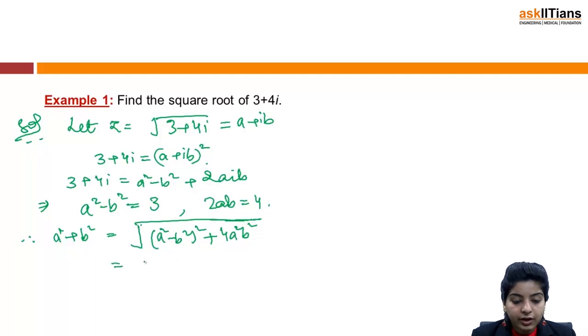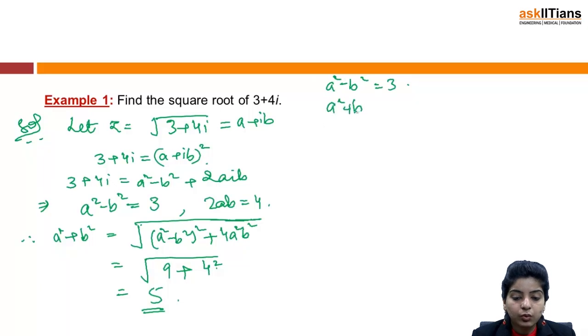So this I can write as, now once you have found a square minus b square is 3, this becomes 9 plus 4 times a square b square is again 16, under root of 25. So this I get as 5.